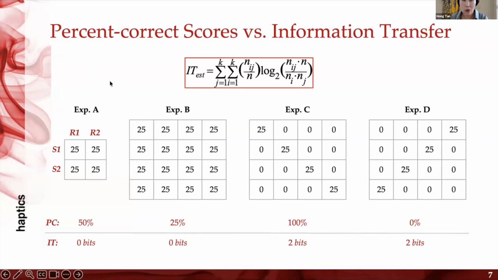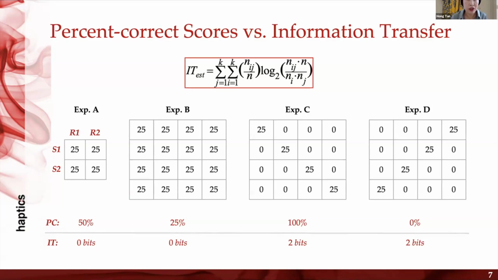To illustrate why we need to talk about information transfer instead of percent correct score, I have put data for four hypothetical experiments here. So experiment A is you have two stimulus alternatives. So this could be on an electrostatic display, it'll be like which one has the higher friction, right? Low friction, high friction.